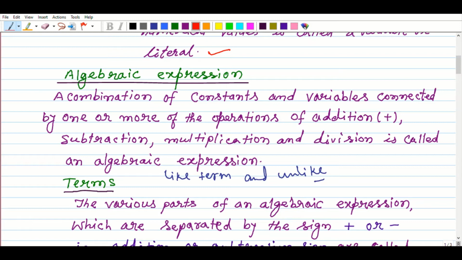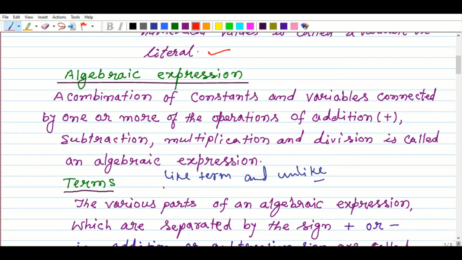Plus and minus make more than one term. Division and multiplication at least make or form one term, right? It's clear.